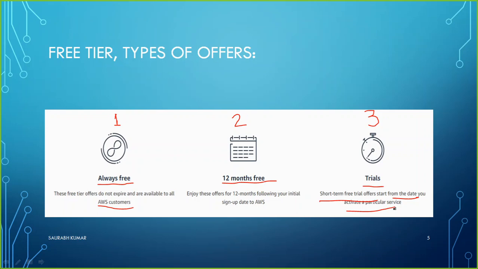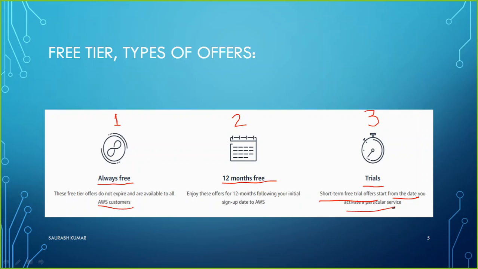For example, let's say that AWS is offering a service for free trial. Maybe I created an account in the month of September 2020, but that service which is being offered as a trial, I activate in December 2020. So how long is it going to be valid?